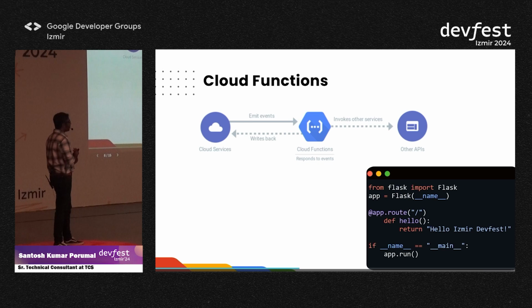Cloud Functions is one of the key offerings we just saw in the previous slide. It is mainly for running lightweight functions, in any programming language supported by Google Cloud. And we use it basically for two kinds of approaches.